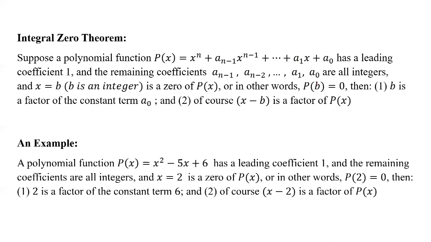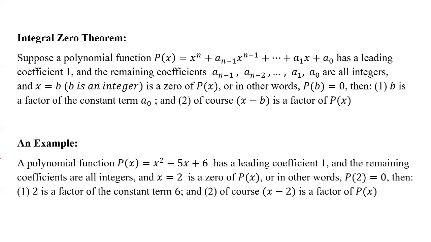Because P(b) is 0 is equivalent to x equals b being a zero, also equivalent to x minus b being a factor. Then first, b is a factor of the constant term a0, and second, of course, x minus b is a factor of P(x).